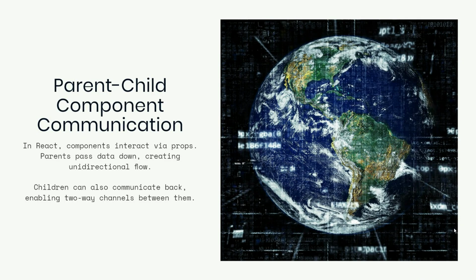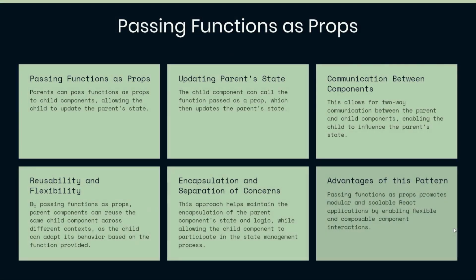But we need a way that child components can also communicate back and create a two-way channel between the parent and the child component. So how we do this is we pass events or functions, well, most likely functions that are triggered by events.